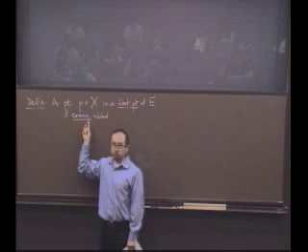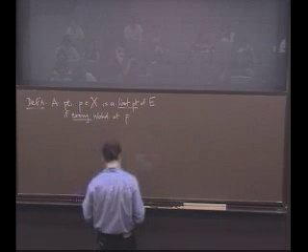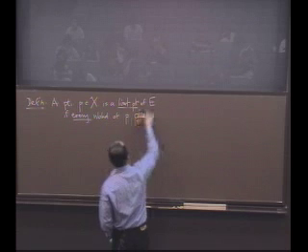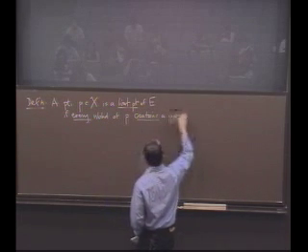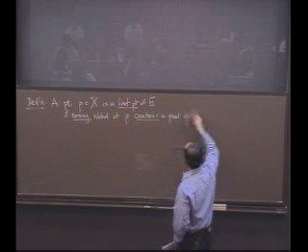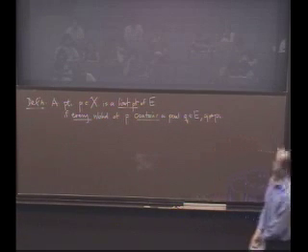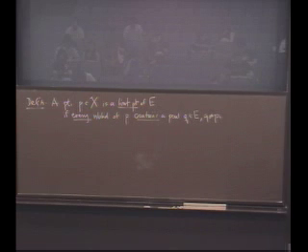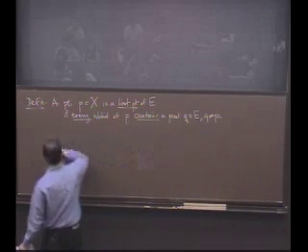No. I said every neighborhood of P contains a point Q in E, where Q is not the original point P. Okay? So in other words, it contains some other point Q that isn't P.